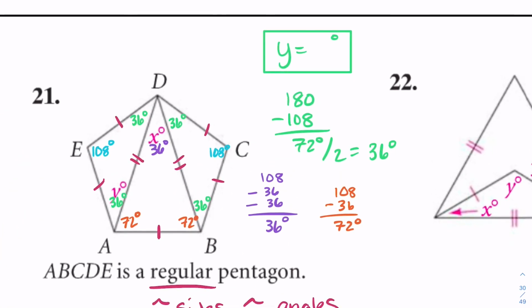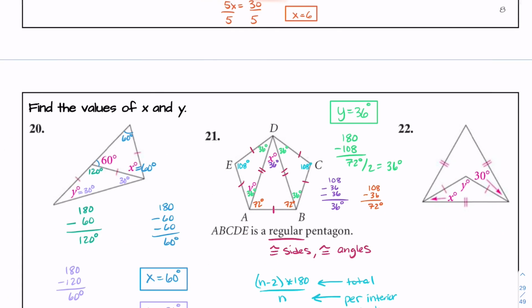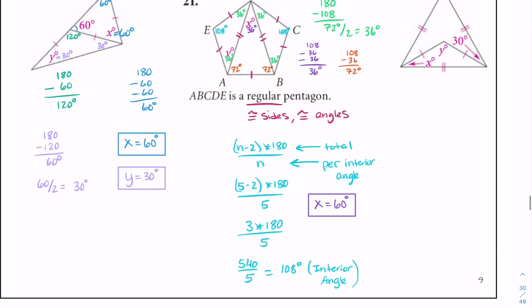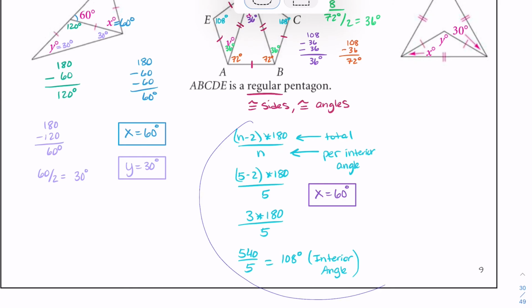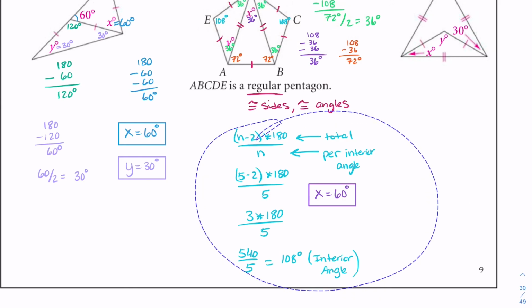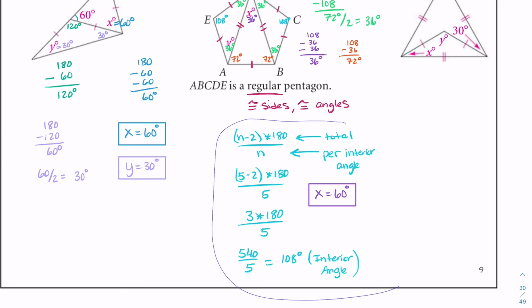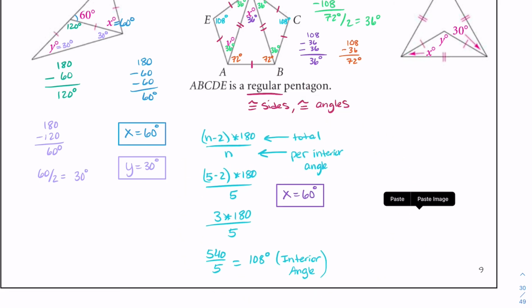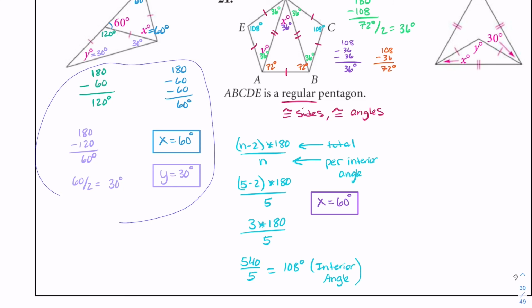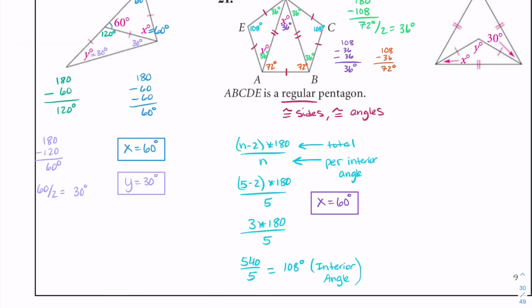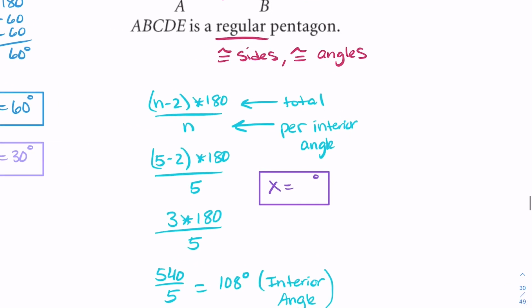That angle is what, 36 degrees? Okay. And this last one, x. Sorry, I'm just making room here. All right, x is in purple, and that was 36 degrees. So x and y are equivalent at 36 degrees.